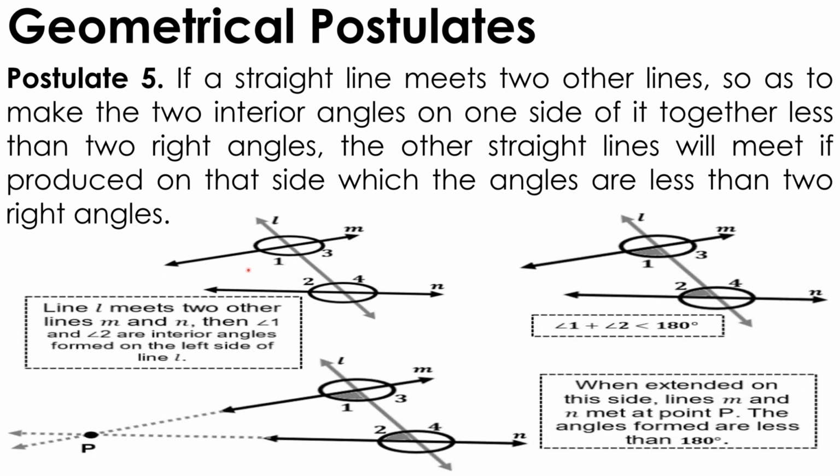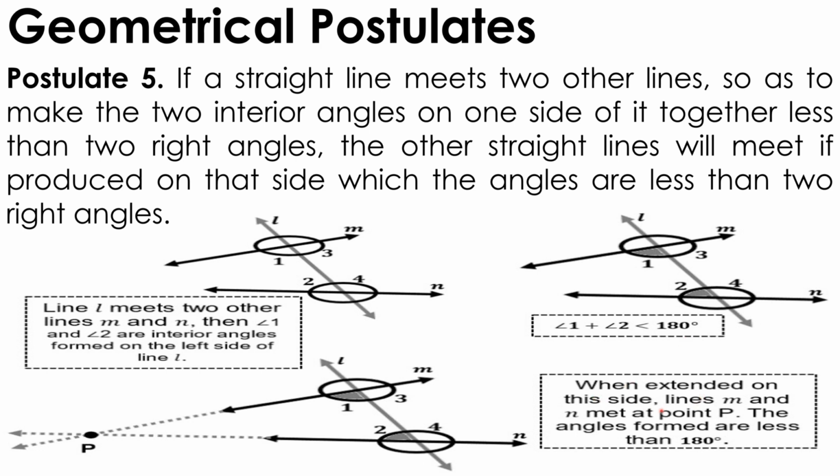So we have here the figure. Line L meets two other lines M and N. Then angle 1 and angle 2 are interior angles formed on the left side of line L. Now, if we are going to shade, the measurement of angle 1 plus the measurement of angle 2 is less than 180 degrees.